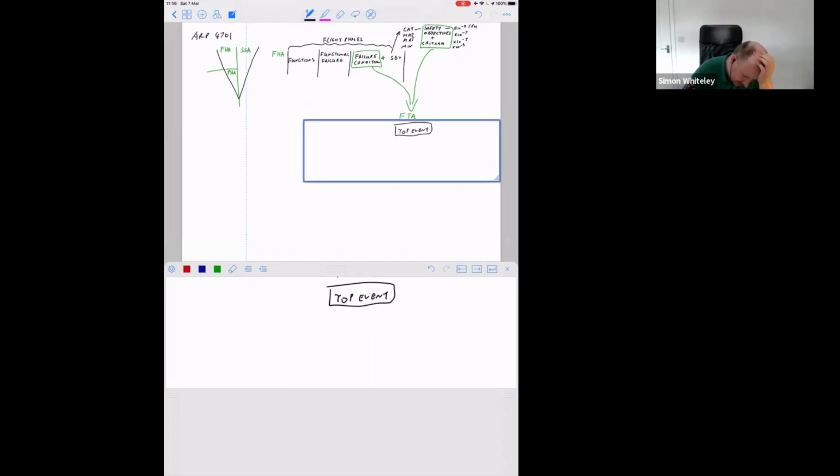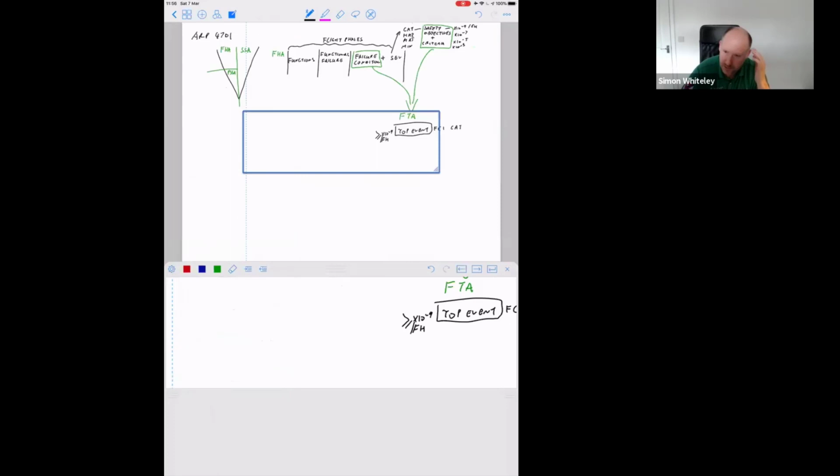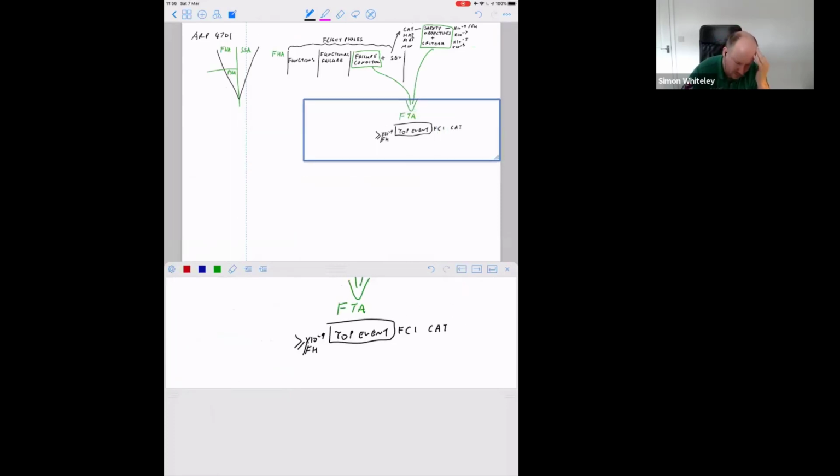If the failure condition is, let's say we've numbered failure condition 1 and it's a catastrophic failure condition, we know that this top event needs to be better than 1 in 10 to the 9 per flight hour. So whatever contributes to this top event needs to achieve 10 to the minus 9 from a numerical perspective.